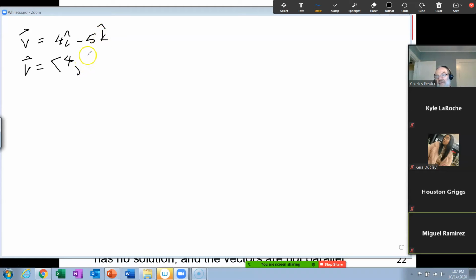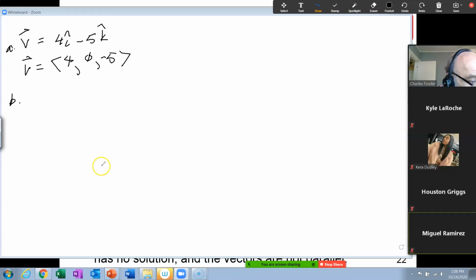So that would mean the j is 0, and then this is negative 5. So that's the vector V in component form. That's the A part. The B part.